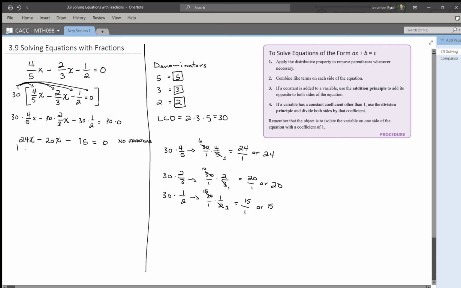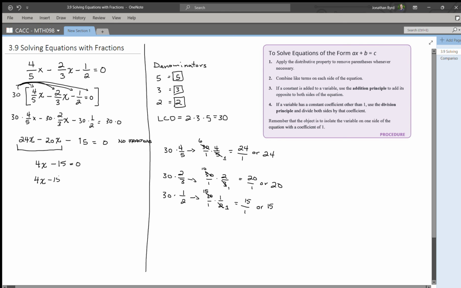I can collect like terms. 24x minus 20x, those are like terms, and they simplify to 4x. Then it's minus 15 equals 0. Now I can use the addition principle. I have a minus 15 on the left-hand side that I want to move.